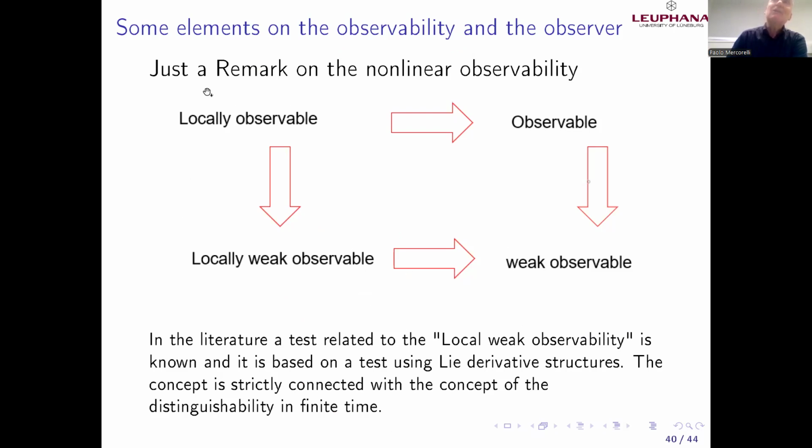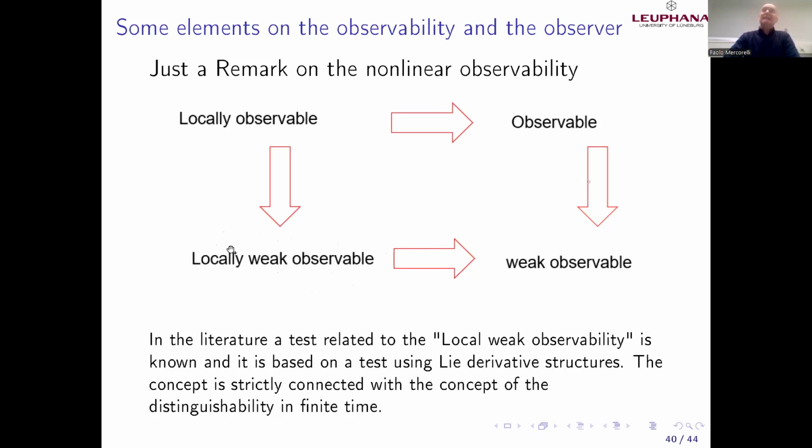I tell you very shortly why in nonlinear systems we can use 4 possible definitions, but we don't have a reasonable test for all 4 definitions, just for this one. This means we can say if the system is locally weak observable.